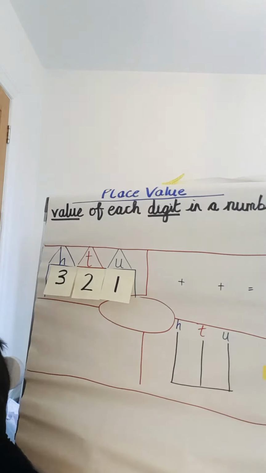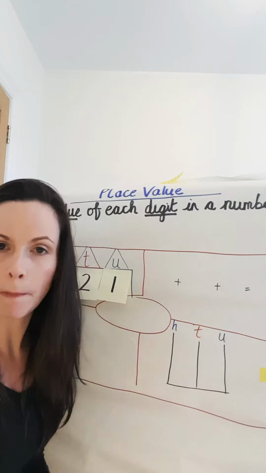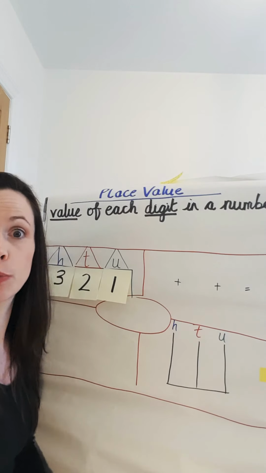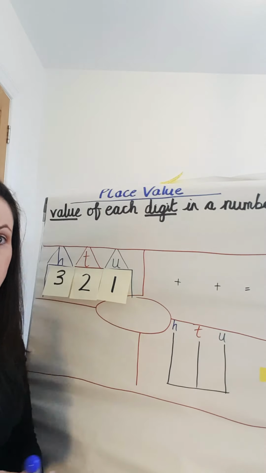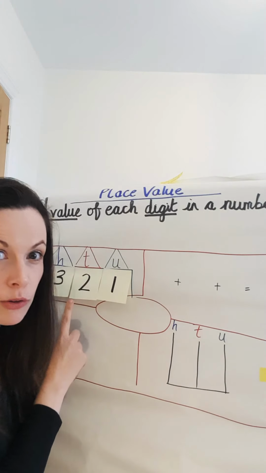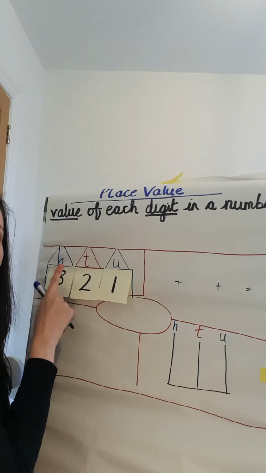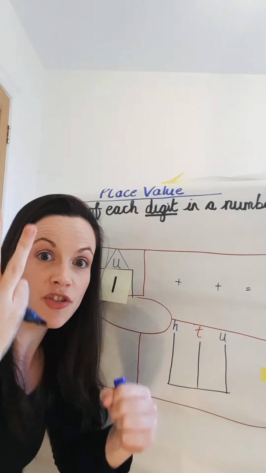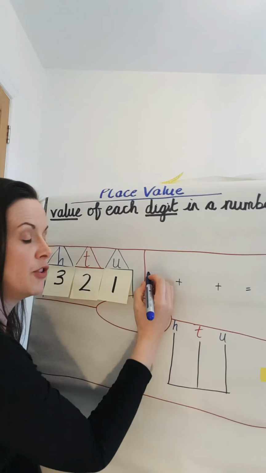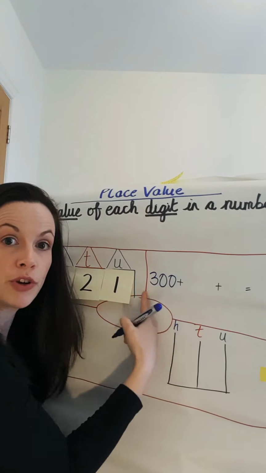Right. Let's write it in expanded form. I'm always asking you that in the book, and you're probably wondering, what is expanded form? Well, it just means writing out exactly the value of each digit. So we know there's 3 in the hundreds house. What's 3 hundreds? Remember we counted them? 300.